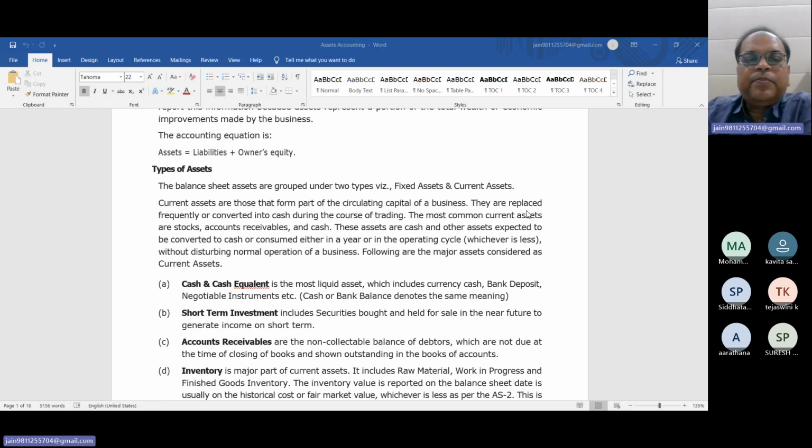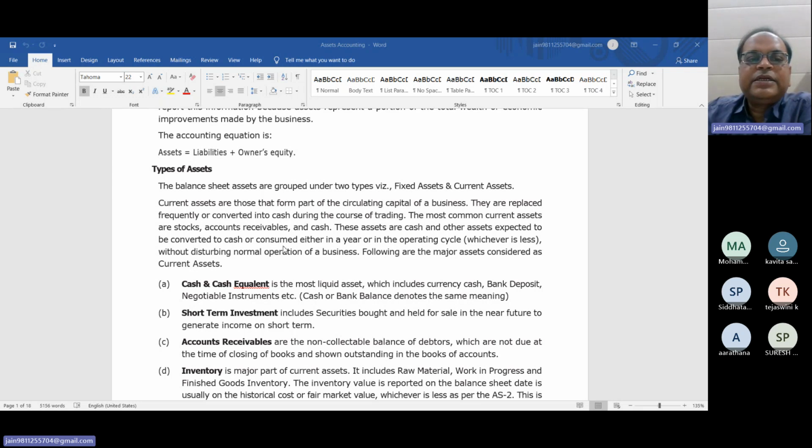They are replaced frequently or converted into cash during the course of trading. If any asset is replaced frequently, or is easy to convert into cash, such an asset is a current asset.